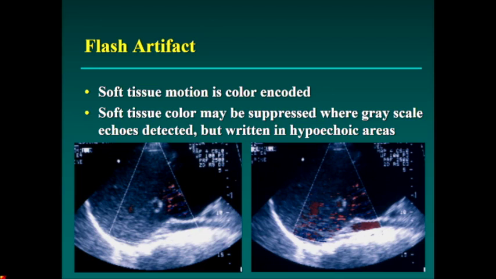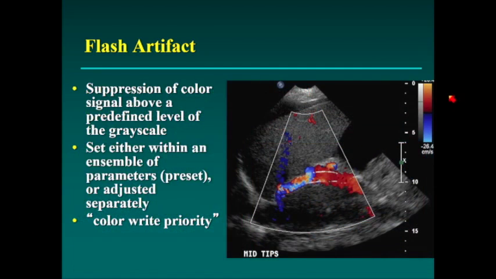One where there's a high flow setting, in which case you want to give priority to the grayscale, because like in a carotid, you don't want to overwrite the plaque. And then there are low flow states where you want to give priority to the color because you want to see any thread of color. So like ovaries or testicles or things like that, where you want to see all those little threads of color, and so the priority will be given to the color. Well, the presets determine where that color write priority is set.